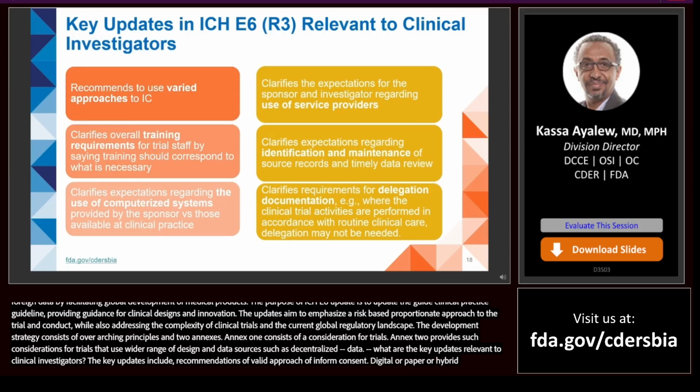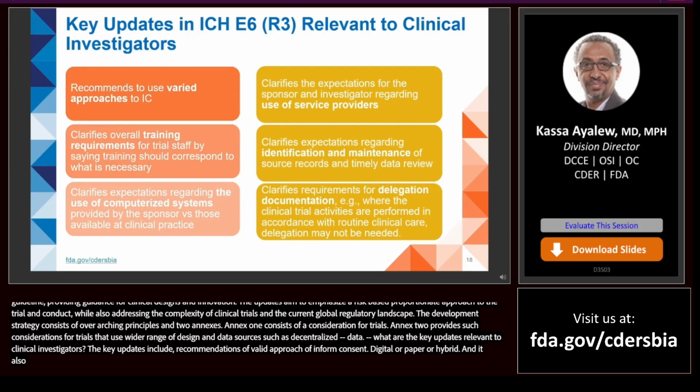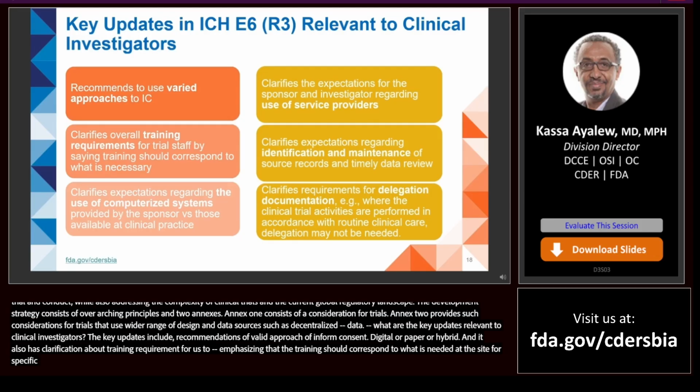It also has clarification about training requirements for study staff, emphasizing training should correspond to what is needed at the site for a specific study or for a specific person.